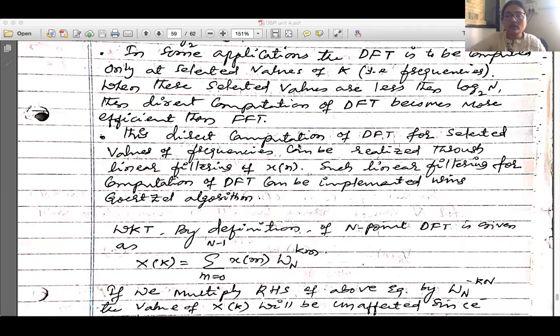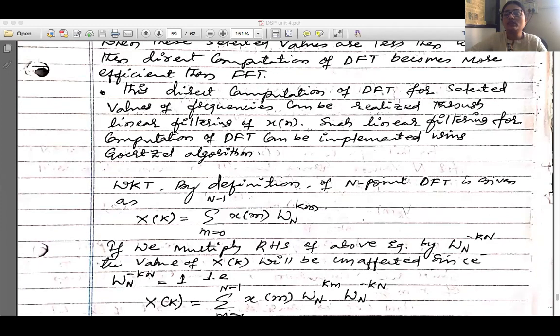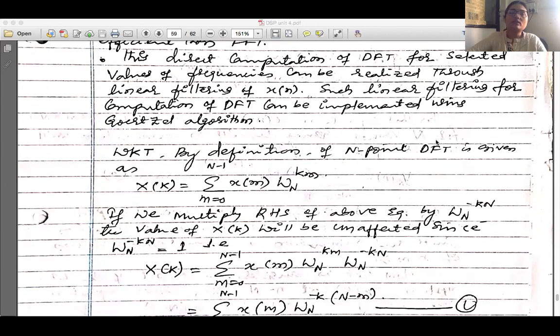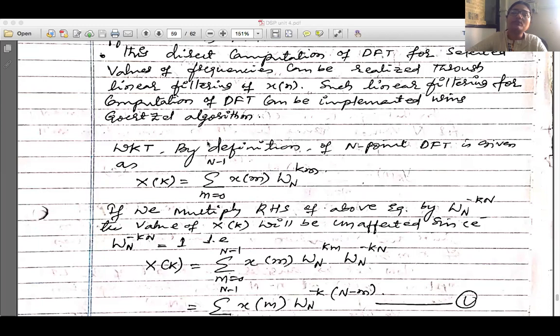This direct computation of DFT for selected values of frequency can be realized through linear filtering of x of n. So we will be calculating the DFT values directly from this equation by using direct computation only. Such a linear filtering computation of DFT can be implemented.